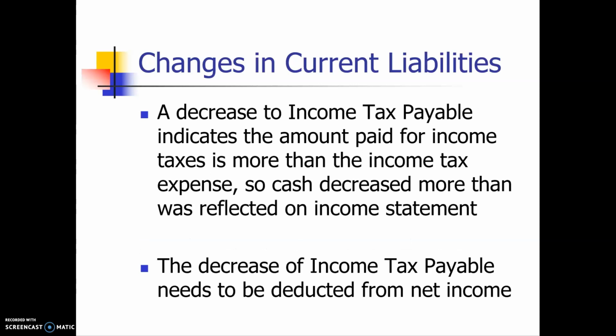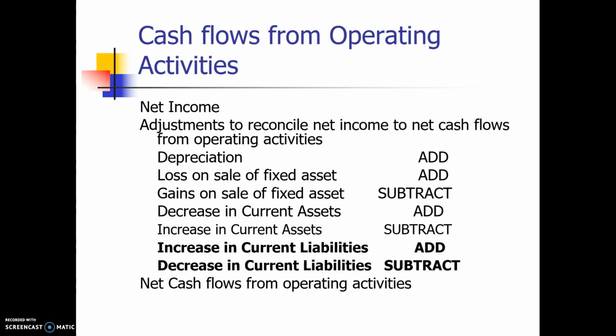A decrease to income tax payable shows that we paid our taxes, so that means cash decreased. So that's why we will subtract the decrease in income tax payable. So we can follow that logic for all of our current liabilities, right?